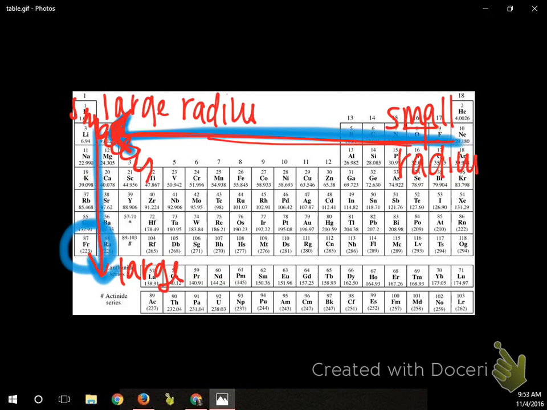Okay? So the second one we're going to look at is called ionization energy. Ionization energy.